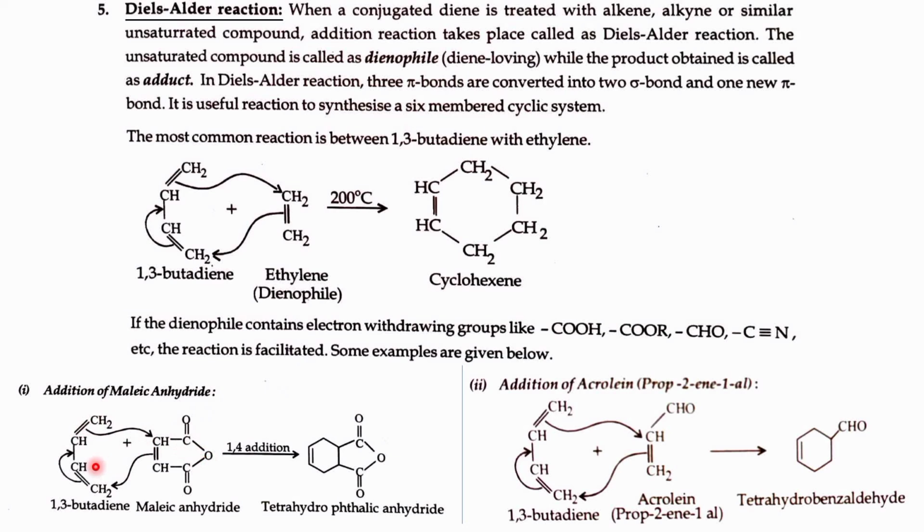That means the reaction goes faster. And if it is combined with an electron donating group, then the reaction gets slower. So that is the Diels-Alder reaction.